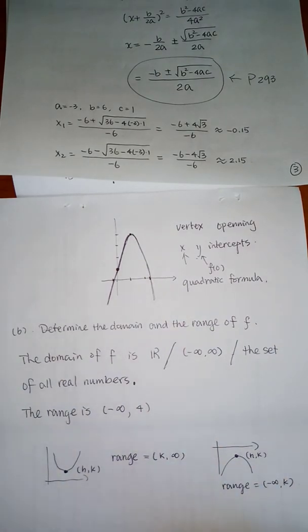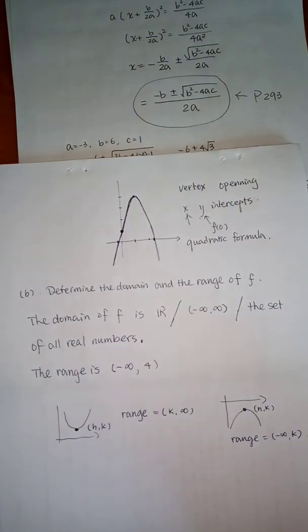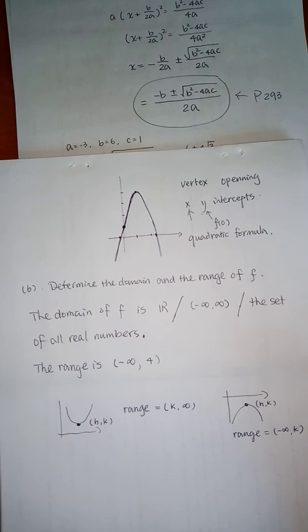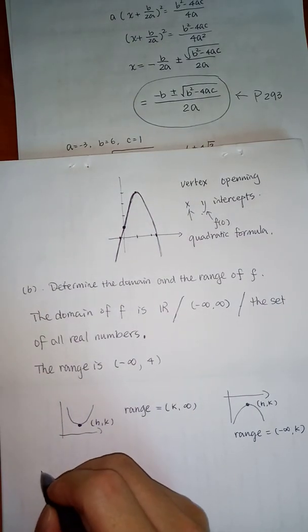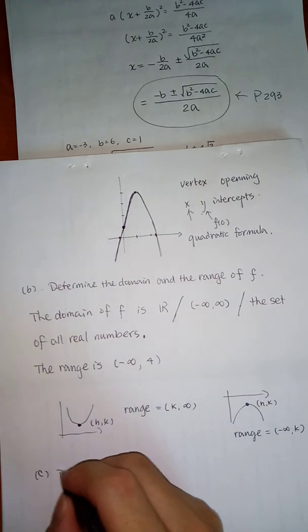And for both cases, the domain is always the set of all real numbers. Okay, and that's the domain, the range, and the monotonicity, the increasing, decreasing.